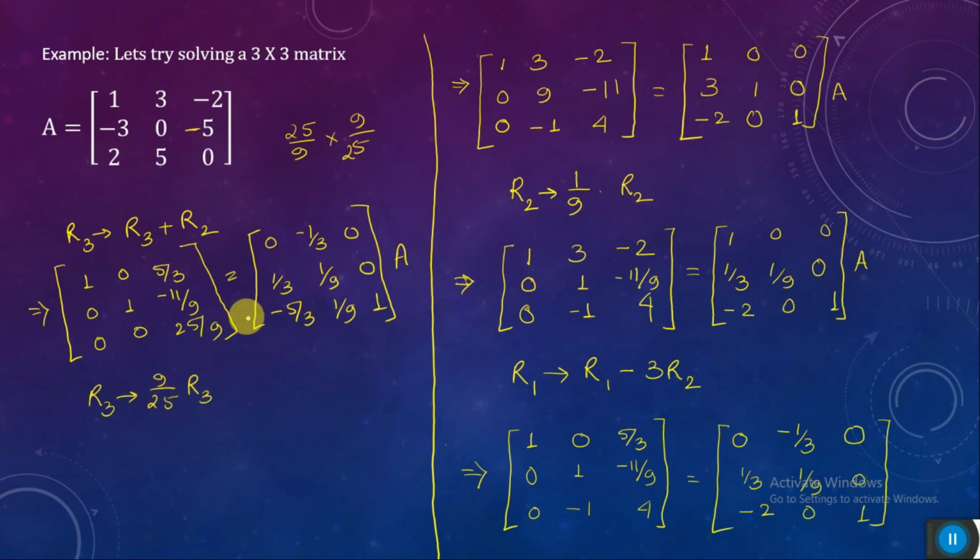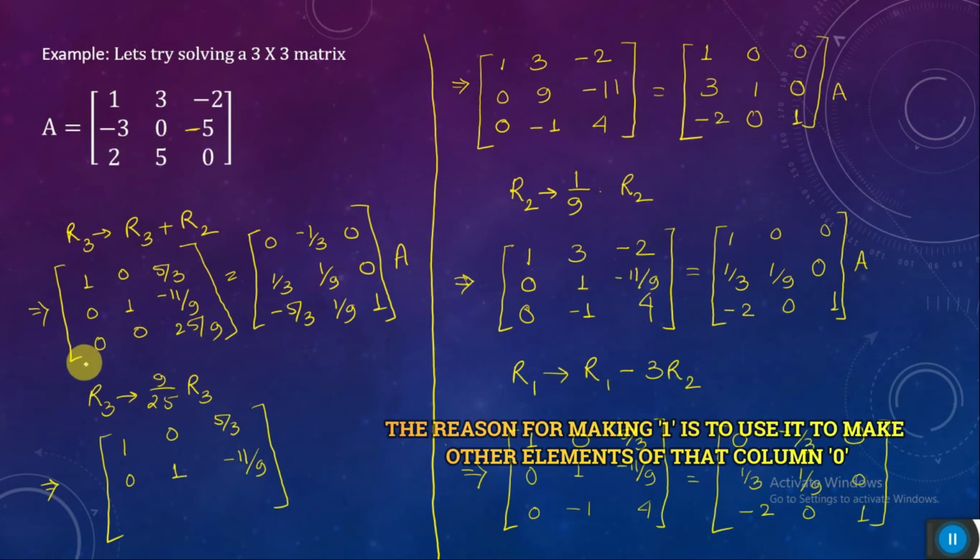Okay, so that's what I'm doing. So let's see what we can write here. 1, 0, 5 by 3, 0, 1, minus 11 by 9. Now you multiply with 9 by 25.